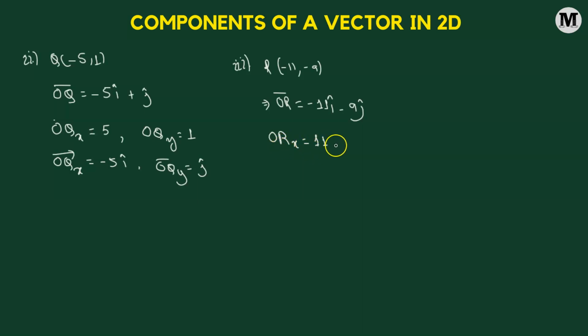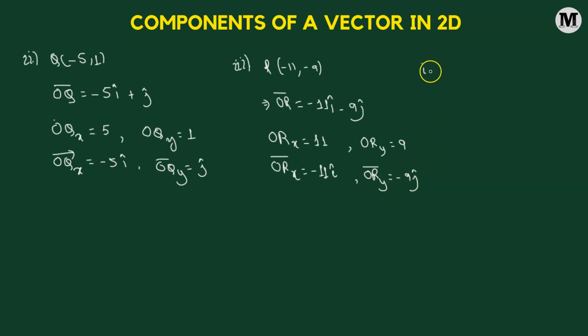We are only considering the magnitude value here. But the component vector of OR along the x-axis is equal to -11 i cap. So this tells us that it goes 11 units along the negative x-axis. Then the component of OR along the y-axis is simply +9, and the component vector of OR along the y-axis is -9 j cap.